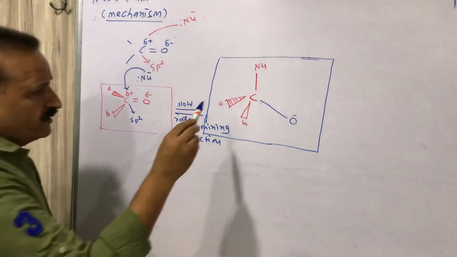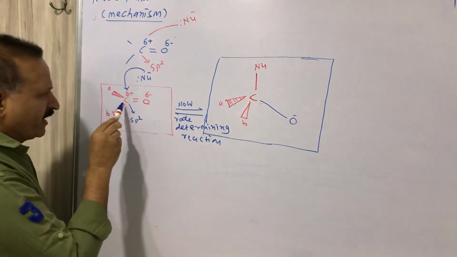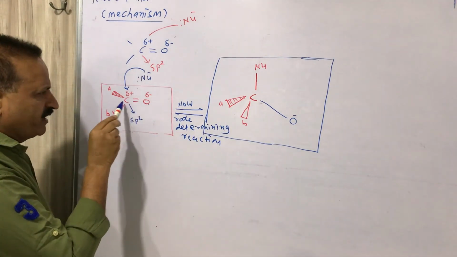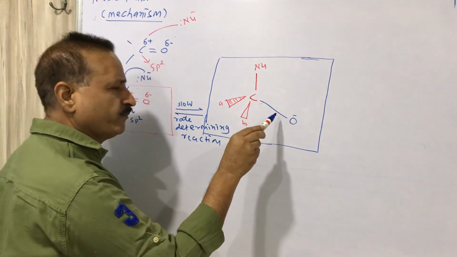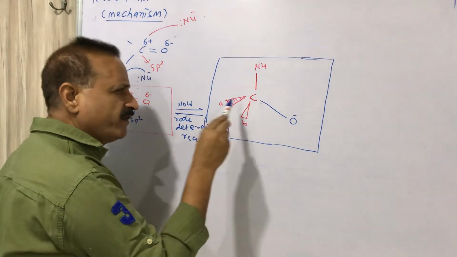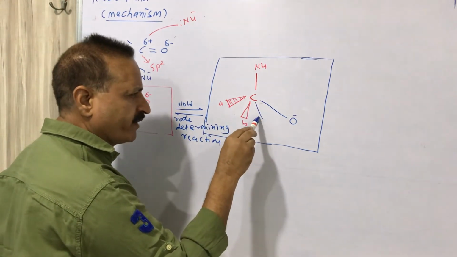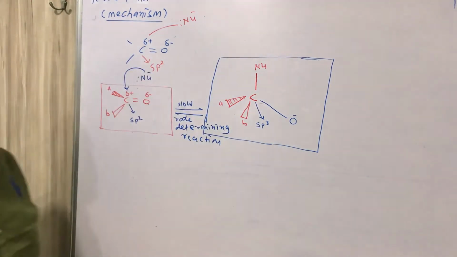So a new bond is formed between carbon and nucleophile. Here carbon and oxygen had a double bond; now carbon and oxygen have a single bond, and it is tetrahedral in shape and it is the intermediate product. So here carbon will convert into sp3 hybridization.